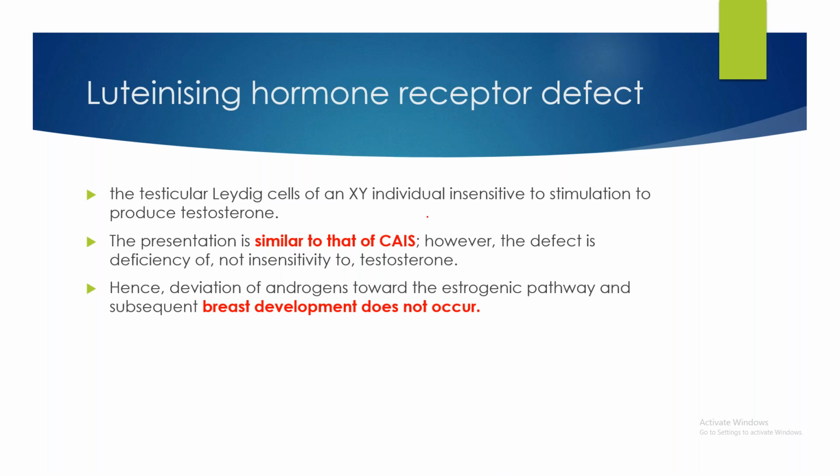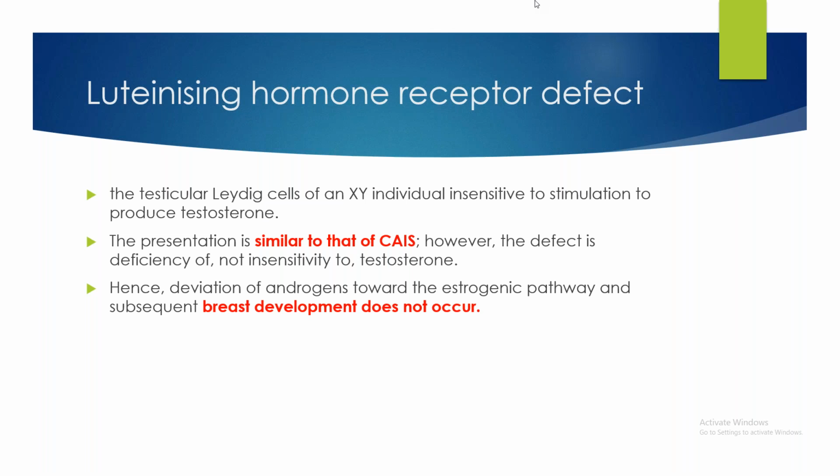In androgen insensitivity syndrome, there will be testosterone but it will not be functionally active, while here there will be no testosterone at all. So the peripheral conversion of testosterone to estrogen will not occur, and there will be no breast development.